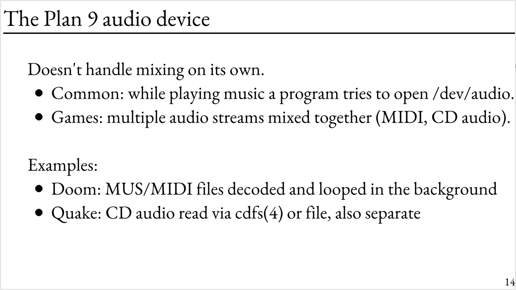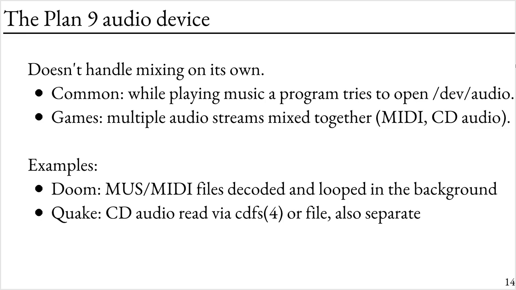So the Plan 9 device doesn't handle mixing on its own, and it's a common use case where you might be playing some music and try to launch some other program that also wants to open dev audio. Or for instance, in games which do not implement their own mixing, they would have to open dev audio multiple times. For instance, once for sound effects and once for music.